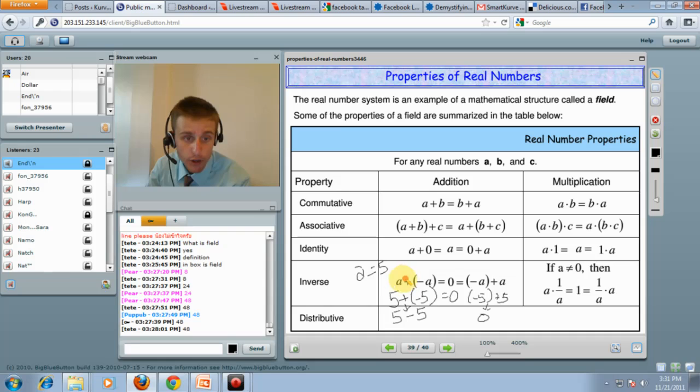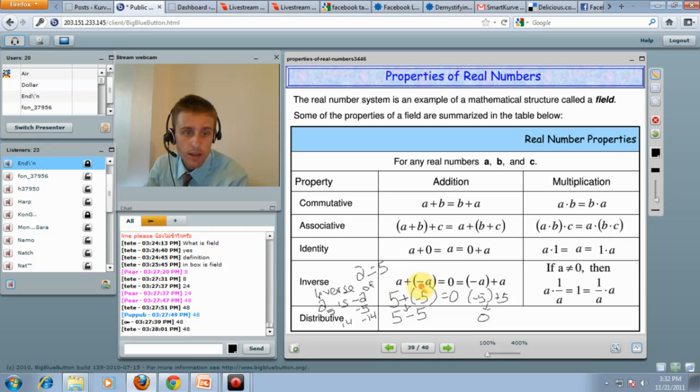A number's inverse, which is the negative of that number, so the inverse of A is -A. The inverse of 5 is -5. The inverse of 14 is -14.